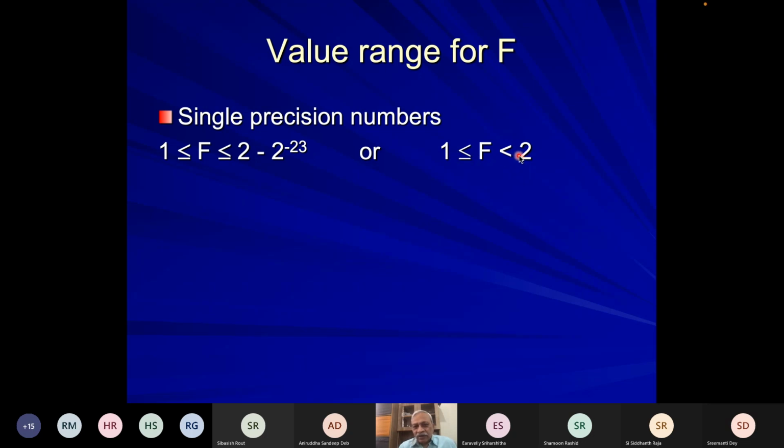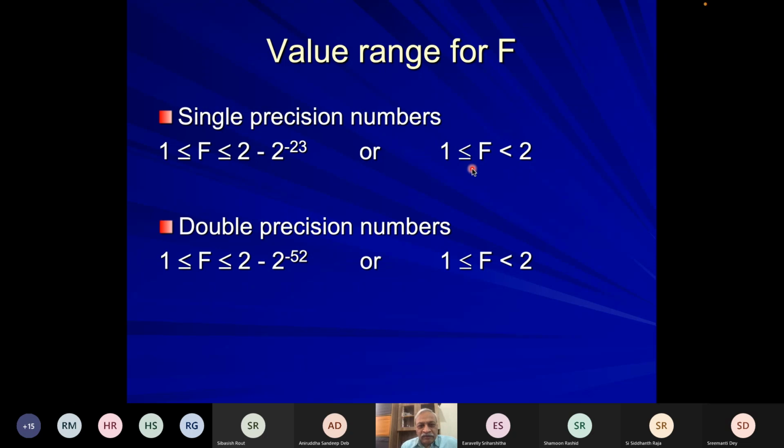It can never be 2, it's slightly less than 2. It can be 1, always at least 1. In double precision, in a similar way, you have the fraction lying between 1 and 2 minus 2 raised to the power minus 52. What I'm subtracting is the significance value of the rightmost fraction bit.